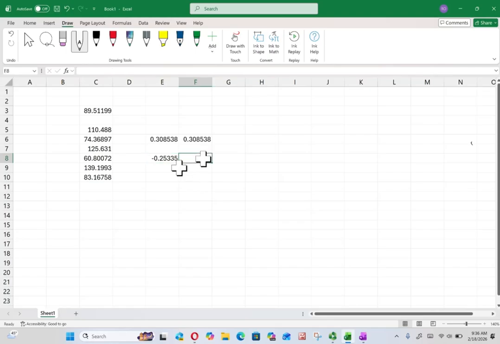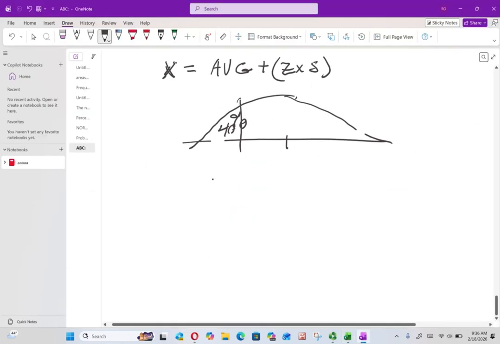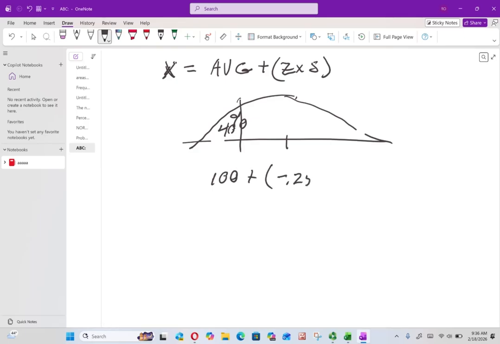If I want to know what that is on the elephant weight scale, I have to convert that minus 2.5 to my 100 and standard deviation 20, so that it becomes 100 plus, and the score is minus 2.5 or minus 0.25 times 20, which is 100 minus 5, which is equal to 95.